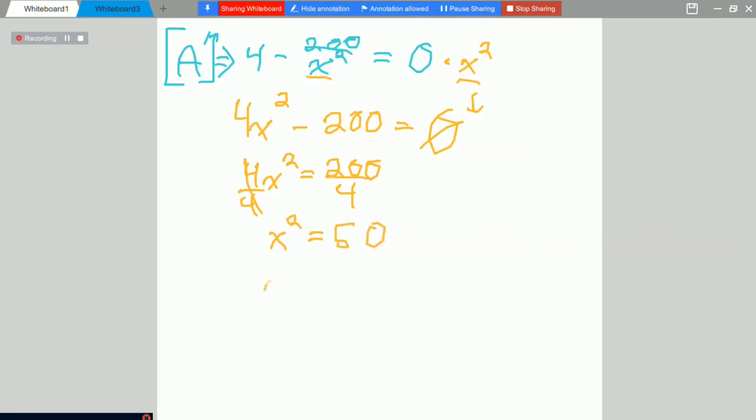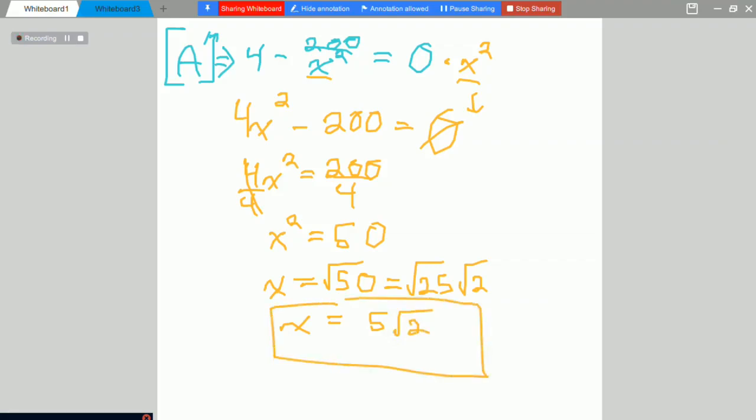If I take the square root of that, I get x is equal to the square root of 50. Right? And once I'm able to get that, I don't know if you guys remember how to do the simplification of radicals, but you could also say that this is 25 and 2, which x is equal to 5 radical 2.